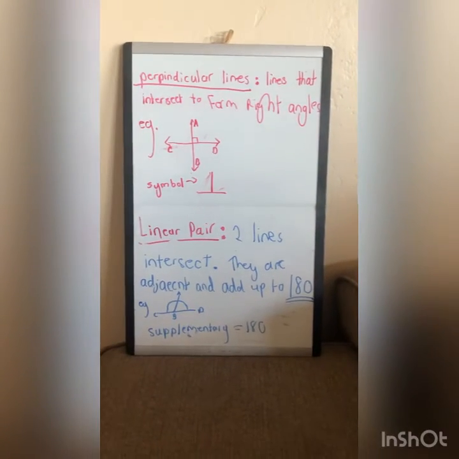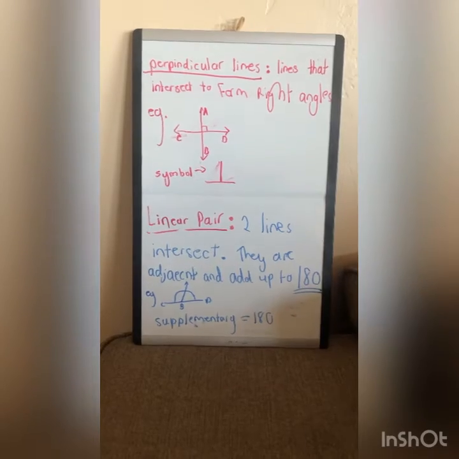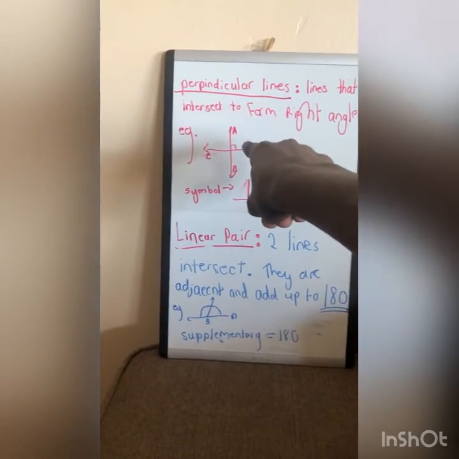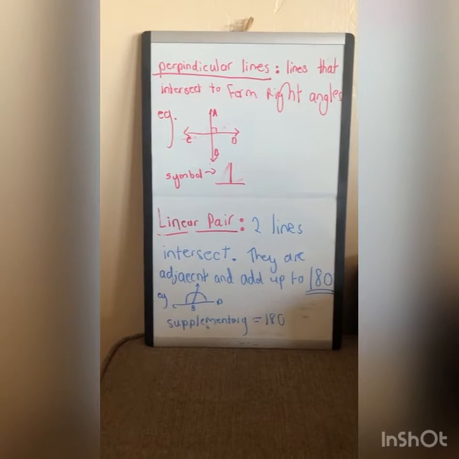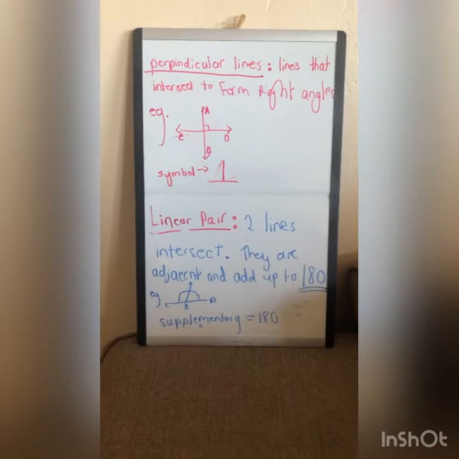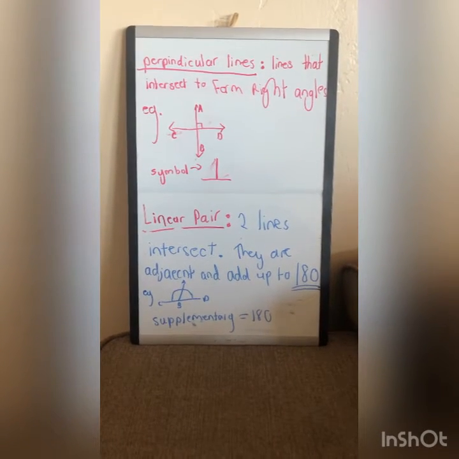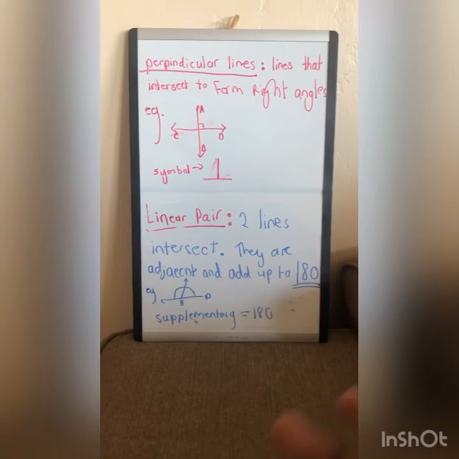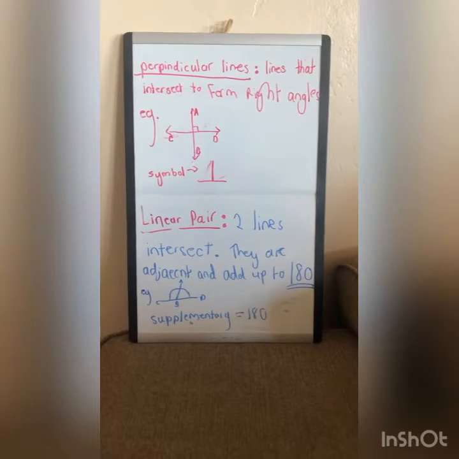Now, to indicate that those lines are perpendicular, there is a block over there, and that indicates a right angle. When two lines intersect like that and there's a block there, that indicates that those lines intersect at 90 degrees, which is a right angle. That indicates that lines are perpendicular to each other.